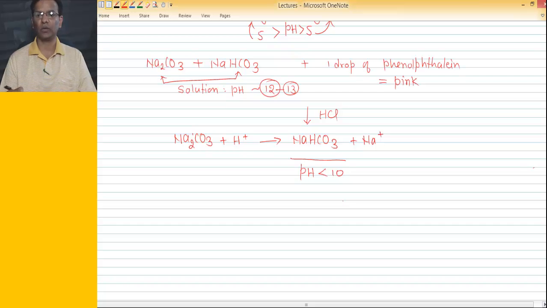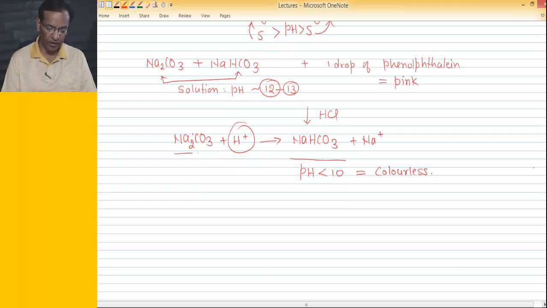pH of the solution comes out to be less than 10 and the solution becomes colorless. So we can say that to reach the phenolphthalein end point, the moles of HCl, moles of H plus required will be equal to moles of sodium carbonate present.